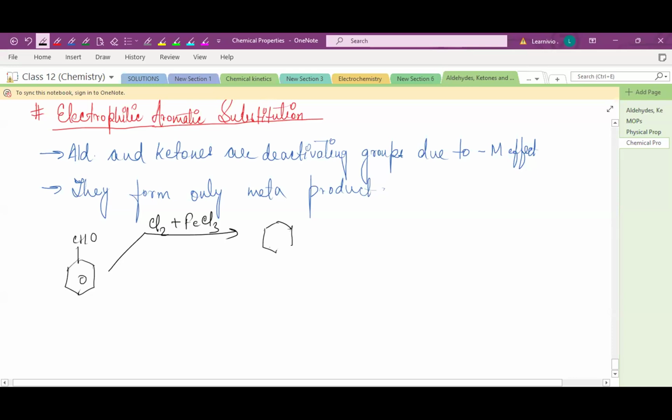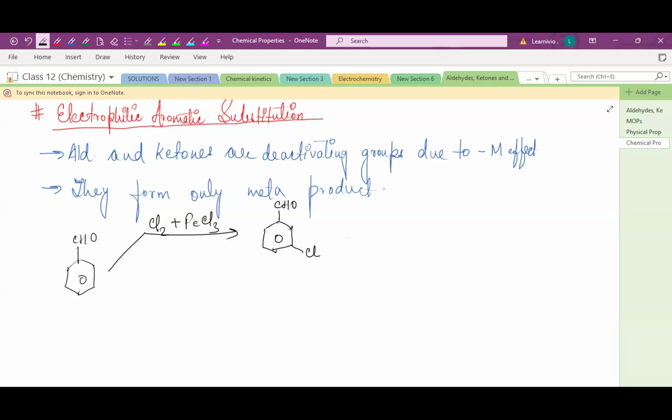So you will attach the chlorine on the meta position. It will form metachlorobenzaldehyde. So the electrophilic aromatic substitution of benzaldehyde, or aldehydes and ketones, will give you a meta product. You have to analyze which group is the electrophile and just attach that electrophile on the meta position. You will get the product.